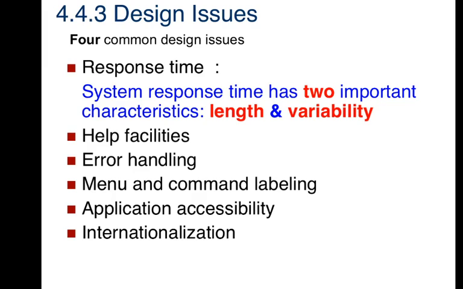Application accessibility: accessing the content from the software product is known as application access. Internationalization means all interfaces should support the standards of ISO, IEEE or any standard organization, rules and regulations should be followed so that a good interface is designed.